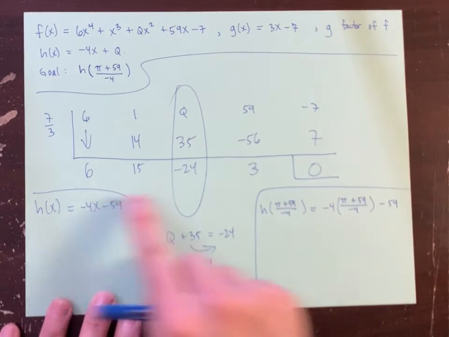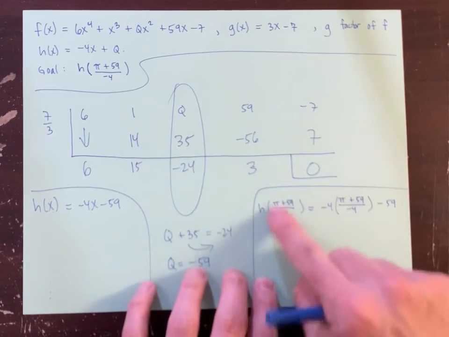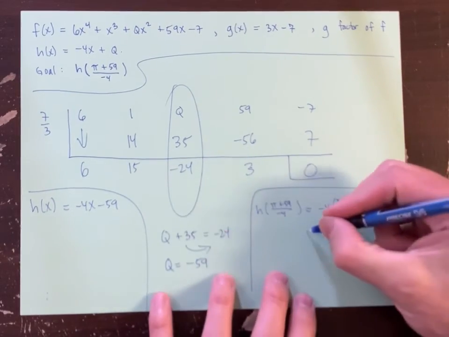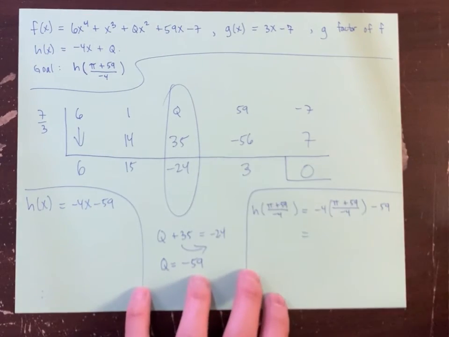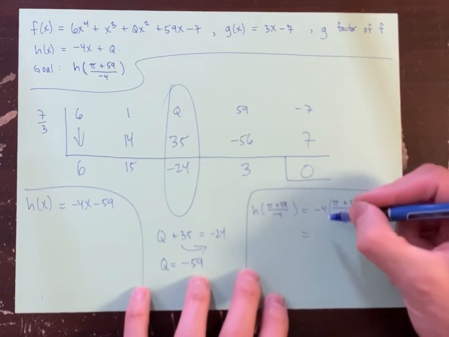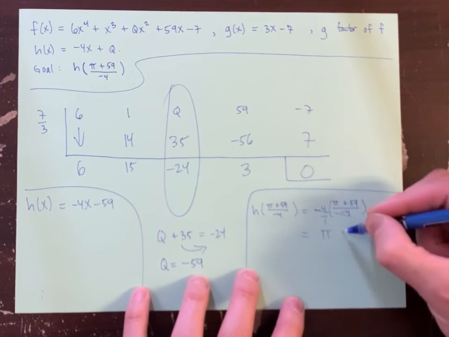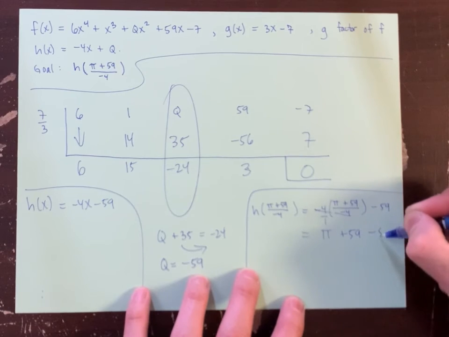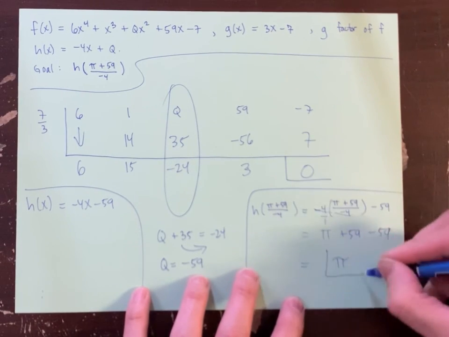That's just the equation h written again, but instead of x, I plugged in the input. Nothing happens on the left. All the math takes place on the right. You should go calculator on this to get a number, but I want to show you that this works out nicely because the negative 4s knock out because this negative 4 has a 1 beneath it. These knock out. So you're left with pi plus 59 minus 59, which is why the answer key had an answer of pi.